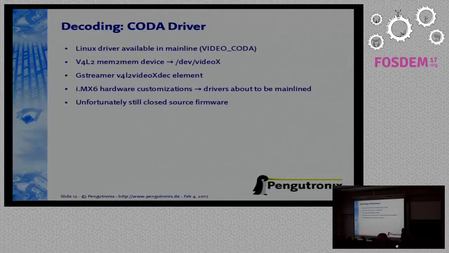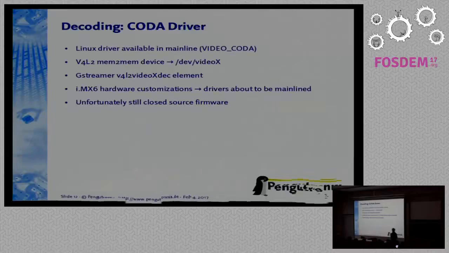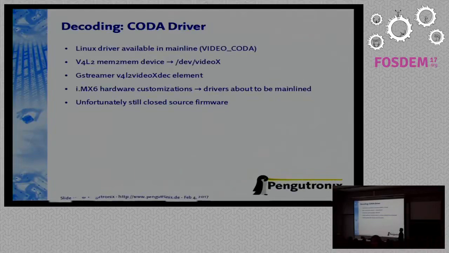This implements a Video for Linux mem-to-mem device, and fortunately for these devices, we have an element for GStreamer. So we use this GStreamer element. It uses the kernel driver, and everything magically works.